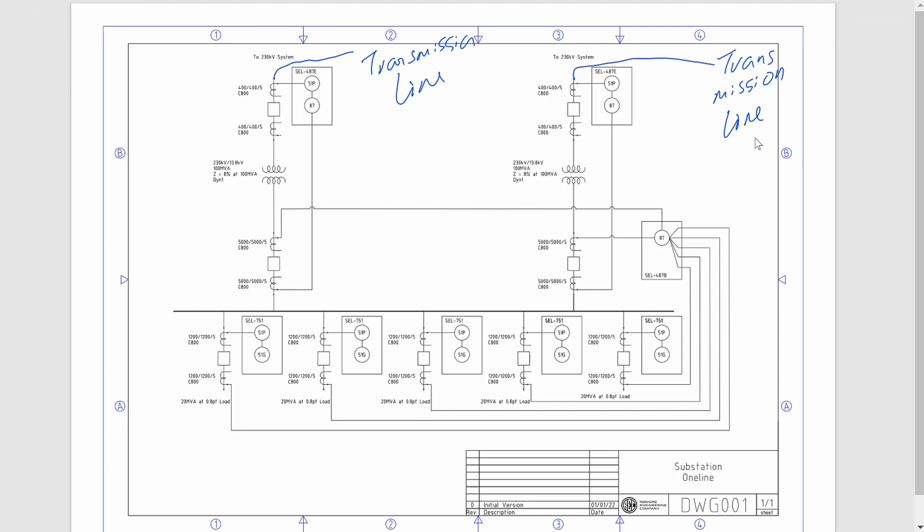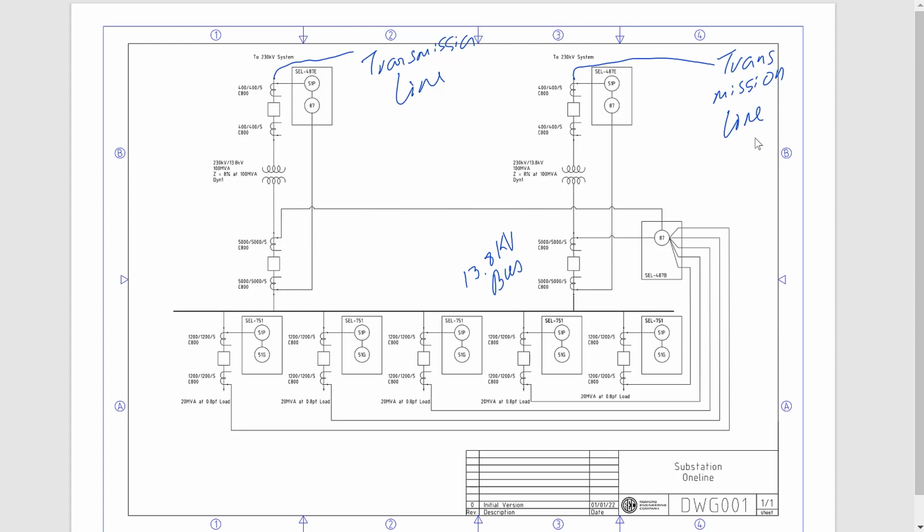They each feed one transformer in this substation, and then those transformers step the voltage down from 230 kV to 13.8 kV, and they feed into a common bus down here. So this is a 13.8 kV bus. This would be like a typical distribution substation in a power system.